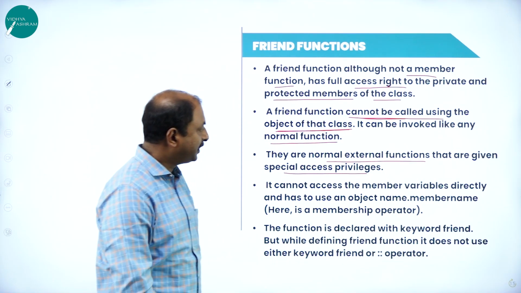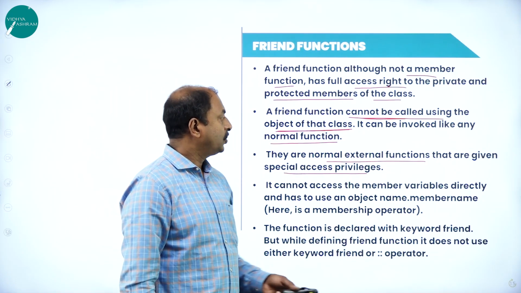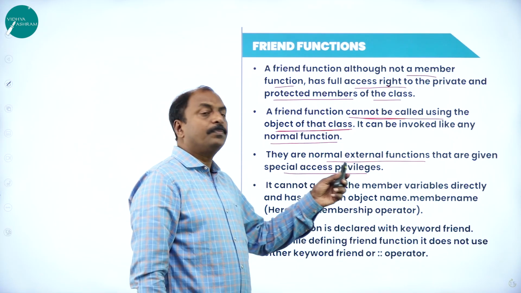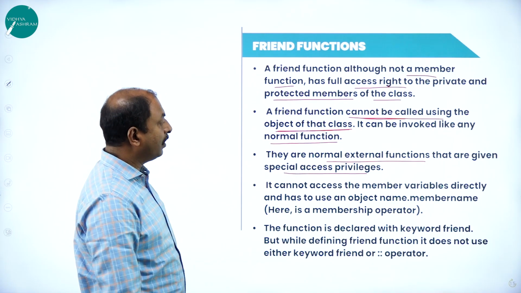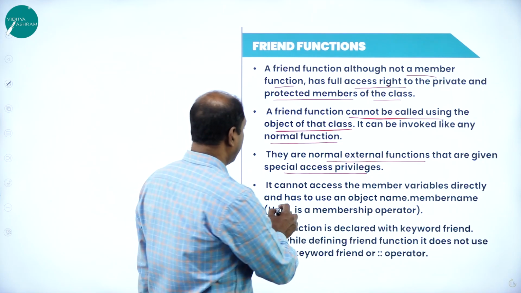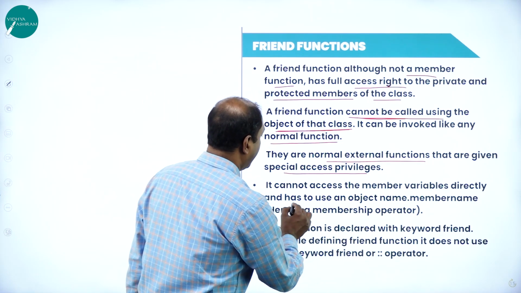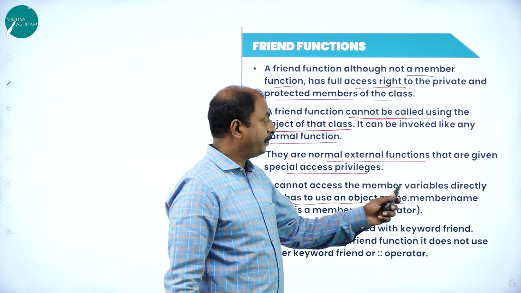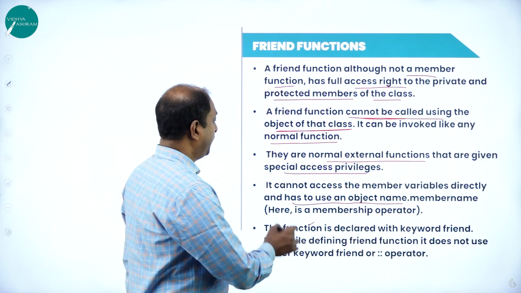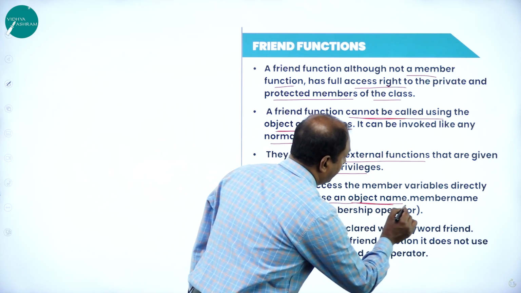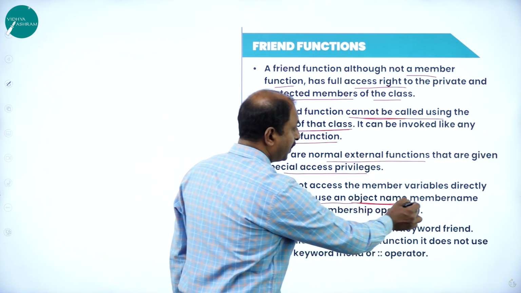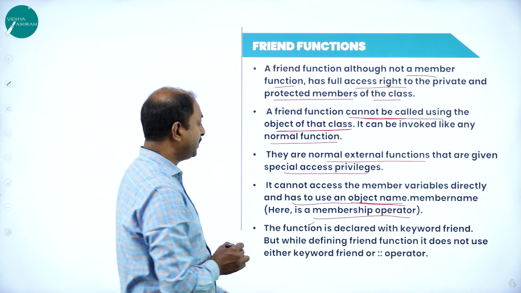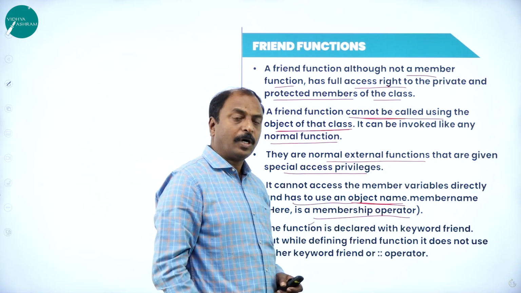So in general we can say it is a non-member function, but it has been given additional access privileges. Now it cannot access the member variables directly and it has to use an object name. It cannot access the member data variable directly, but has to use the object name. And here it is object name dot member name, where the dot is a membership operator.